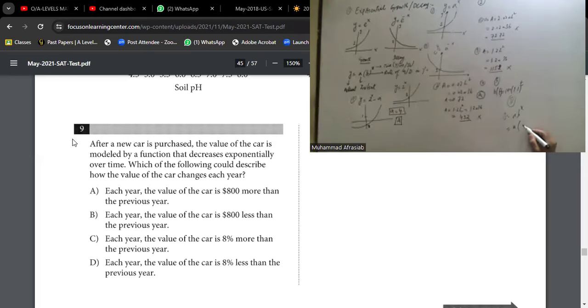It decreased by 8%, so b should be equal to 1 minus 8%, and that is equal to 0.92. So answer D is the answer of this question number 4.